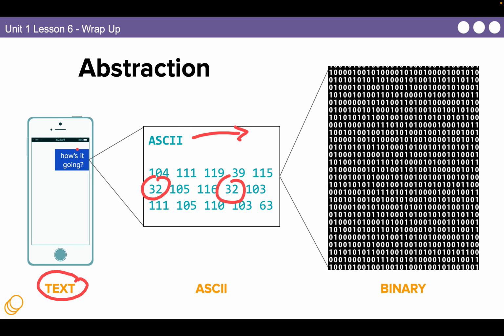But yet text is an abstraction because we can just think of that level, and that's how we use it. So text is an abstraction because we are using it at a high level, and hiding away different levels of detail under the surface.